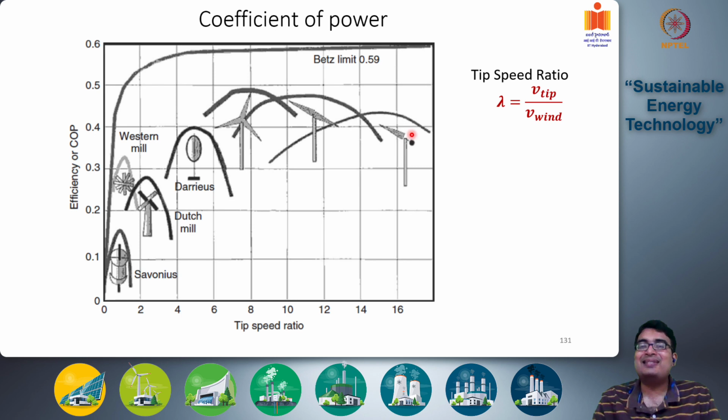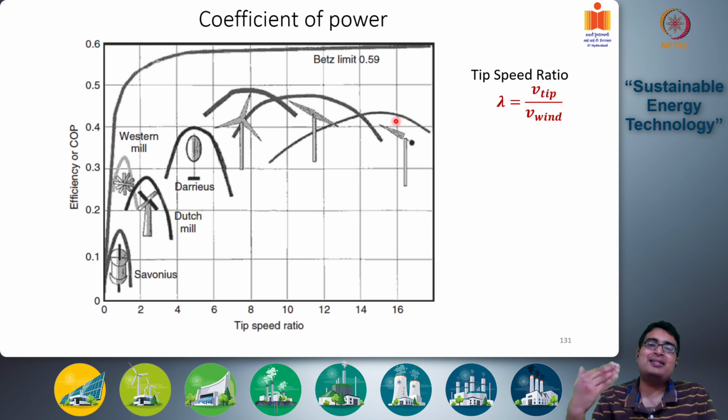So this one is a single bladed wind turbine design, so you have one blade only. Okay, the efficiency for this one bladed wind turbine peaks at a very high tip speed ratio of around 15. Okay, so the tip velocity is 15 times that of the wind velocity. At this, the efficiency hits around 0.45. Okay, then it starts to drop off.